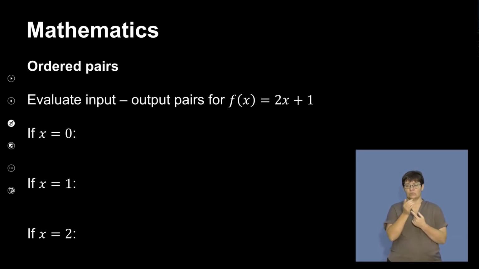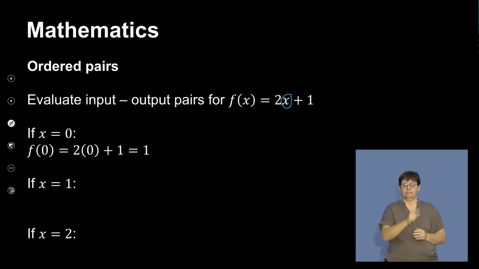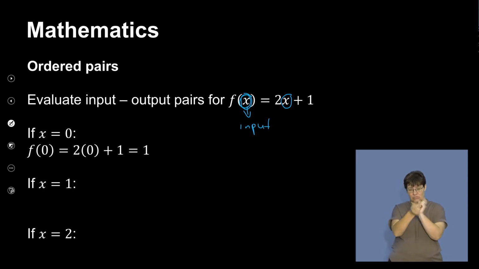Now, just to show you a few calculations that have to do with this, if x is equal to 0, it means that I will need to plug in 0 wherever I see x there, and then perform the calculation. So that will be f of 0, right? Because remember, I did mention that the x value here will be the input value that we need to substitute in.